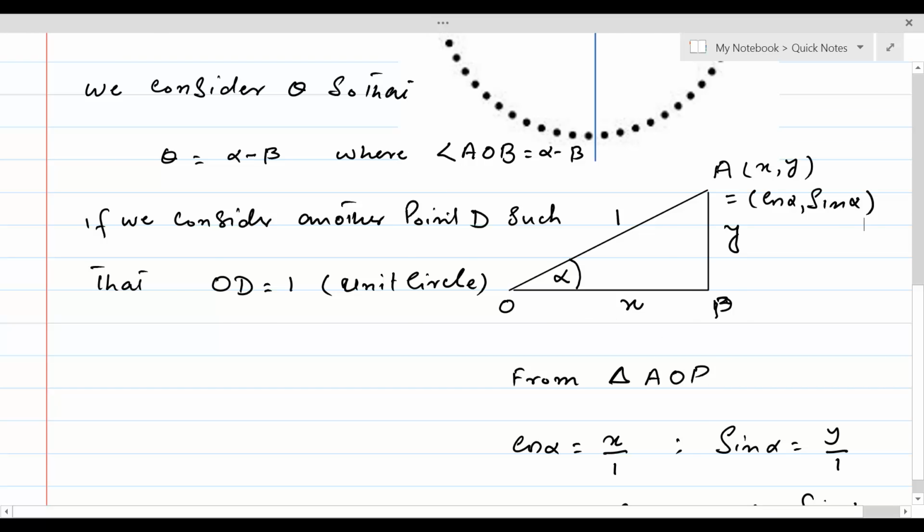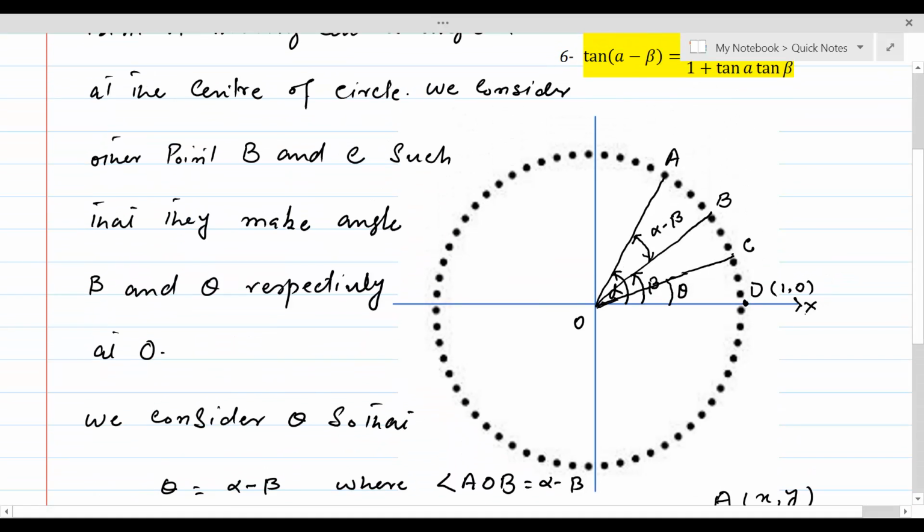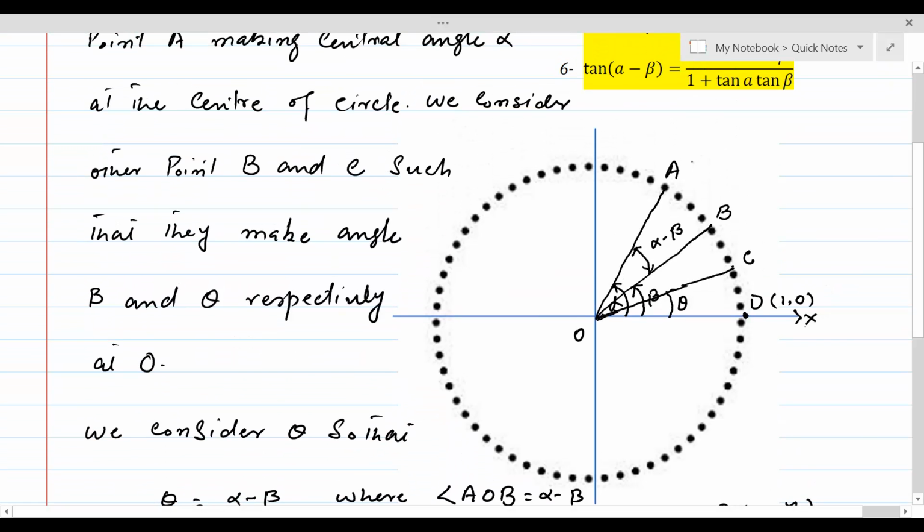Keeping this in mind, we can write the coordinates of A as cos alpha, sine alpha because OA is making an angle of alpha with the x-axis. The coordinates of B would be cos beta, sine beta because this is making an angle of beta with the x-axis.